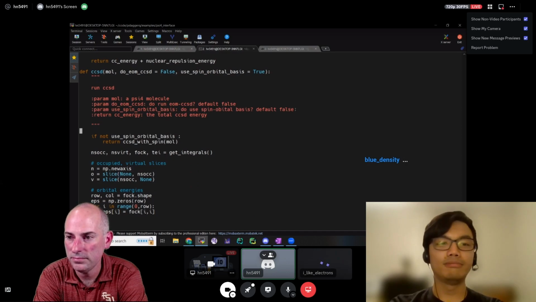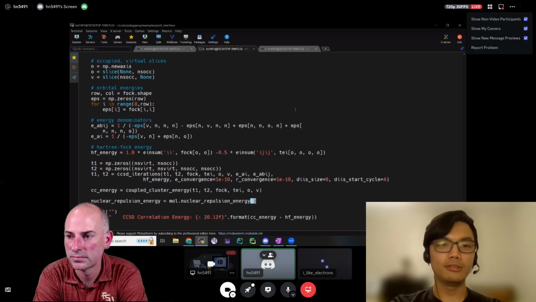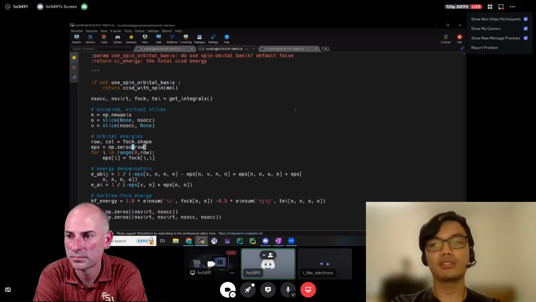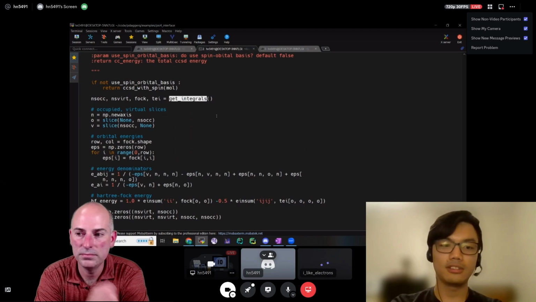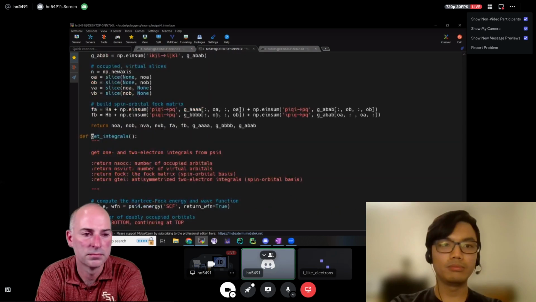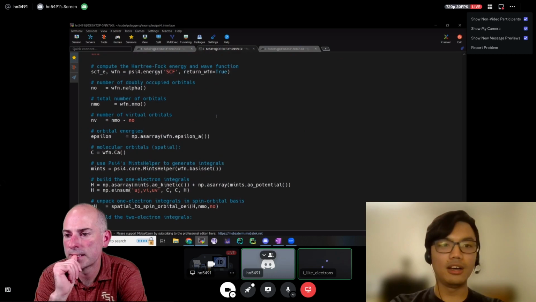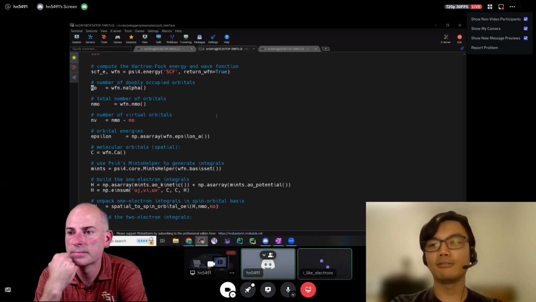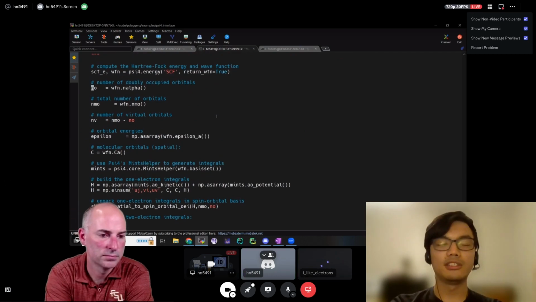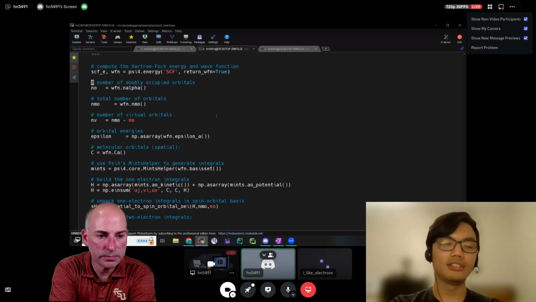But the way it's currently set up, if we go to this get integrals function, you only have one variable assigned to it for NO, which is the number of occupied orbitals, in this case doubly occupied.